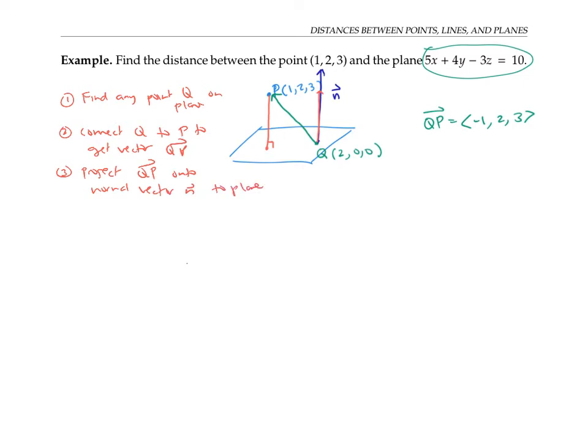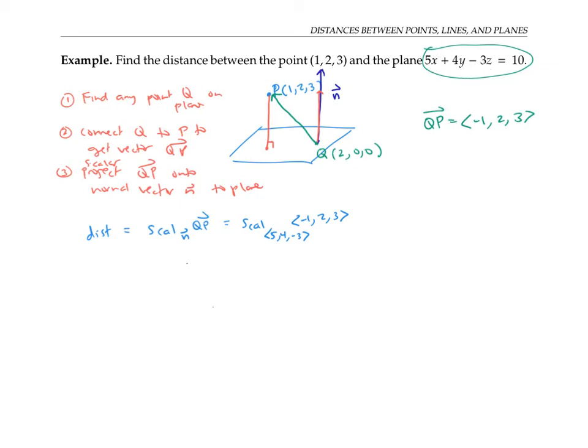Since I ultimately just want distance, a scalar, I can do a scalar projection. So the distance is the scalar projection of QP onto the plane's normal vector. In other words, a scalar projection of -1, 2, 3 onto the vector 5, 4, -3, since I can read the normal vector for the plane off from the coefficients of x, y, and z.